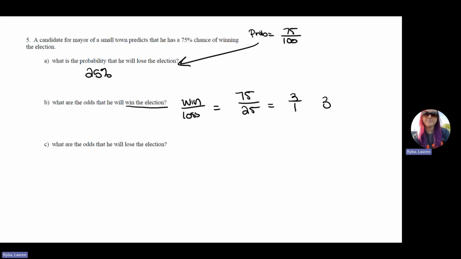So 3 over 1, 3 to 1 odds. If I want to find the odds that he loses, that's going to be the other way. So loss to win, 25 to 75, or 1 to 3. You're just flip-flopping the order of which one was first.